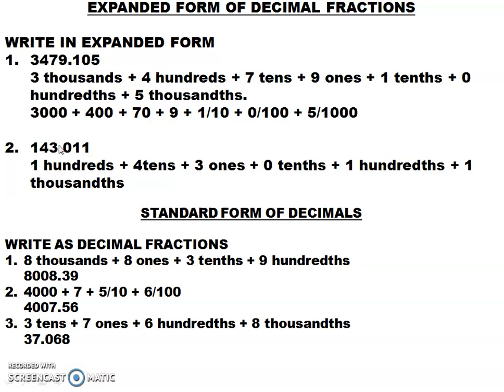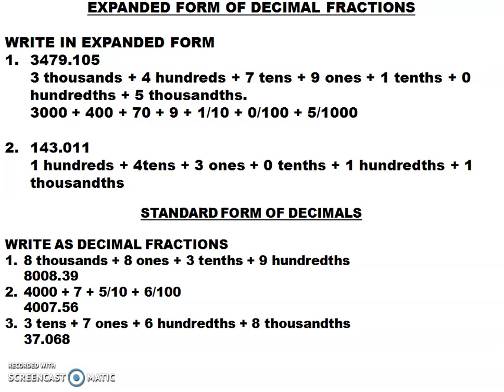We'll write the first one. 1 hundreds plus 4 tens plus 3 ones plus 0 tenth plus 1 hundredths plus 1 thousandths. Students, now you write how we will write the expanded form in numbers. It is 100 plus 40 plus 3 plus 0 by 10 plus 1 by 100 plus 1 by 1000. Okay, is that clear to you?